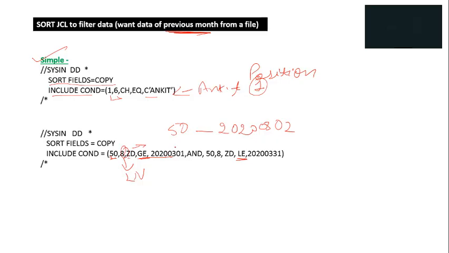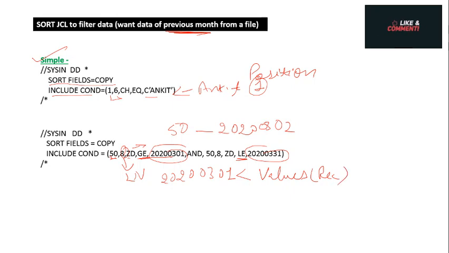It will check greater than or equal to 20200301 and less than or equal to 20200331. Based on that condition, our records will come into our output file.